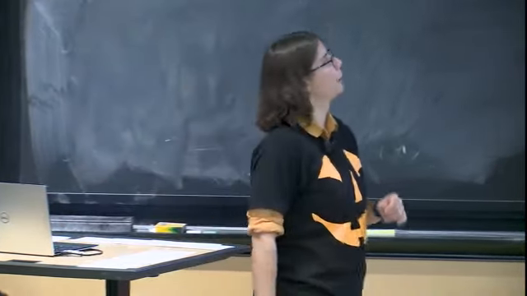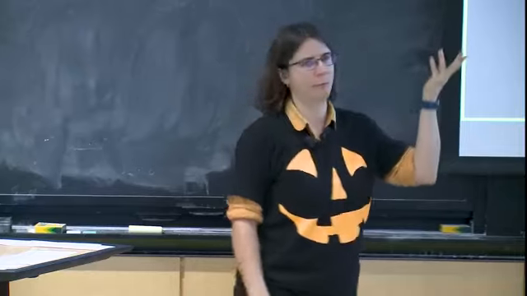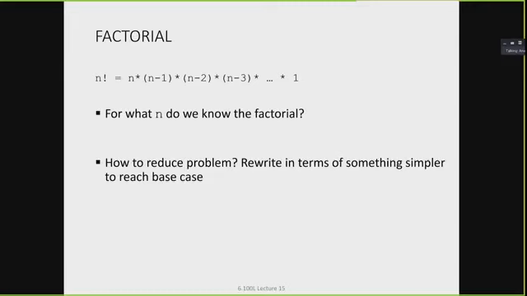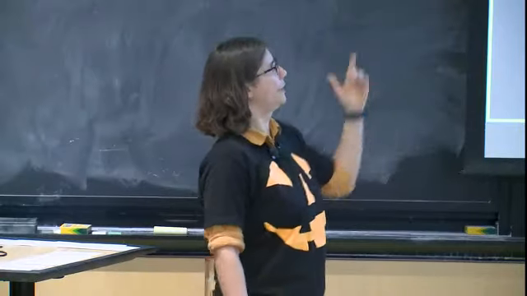Okay, let's look at one more example, and this one is where I'm going to ask for some participation. I would like 4 of you to come down with me, but before we do that, let's think about factorial. The definition of n factorial is n times n minus 1 times n minus 2 times n minus 3 down to 1. What is a base case?